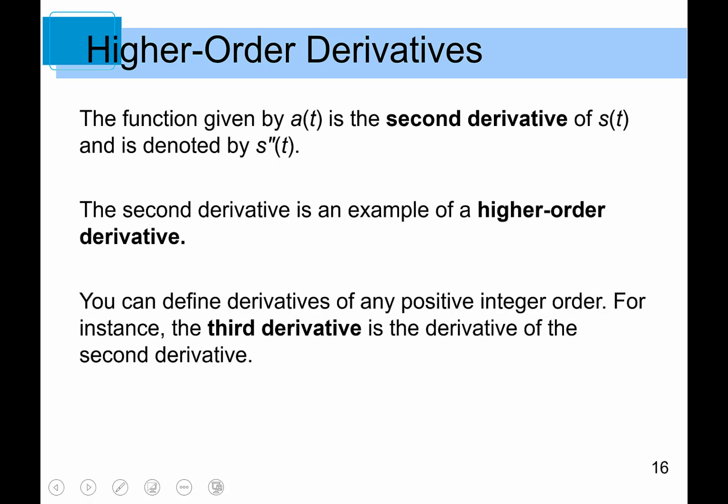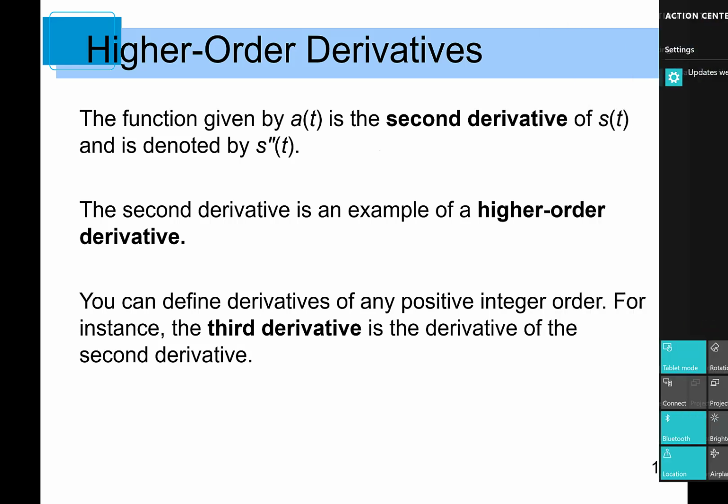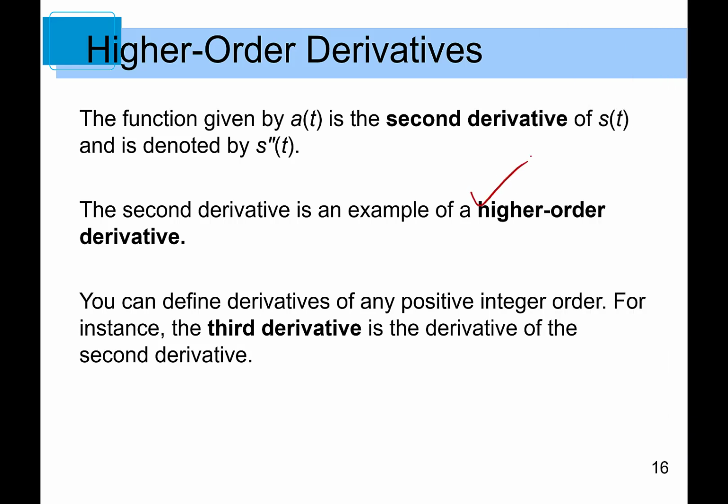The function given by a of t is the second derivative of s of t, and is denoted by s double prime of t. The second derivative is an example of a higher order derivative. You can define a derivative of any positive integer order. For instance, the third derivative is the derivative of the second derivative.